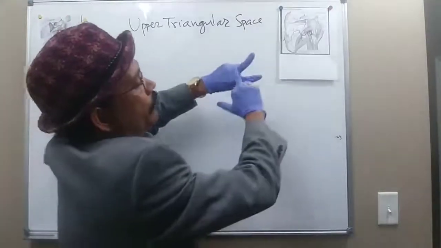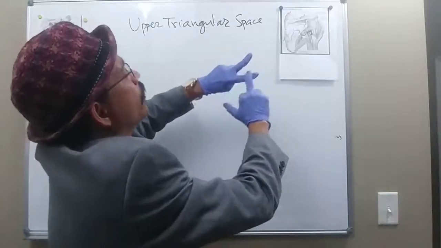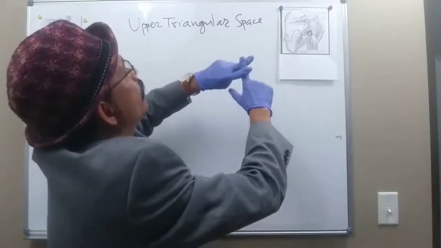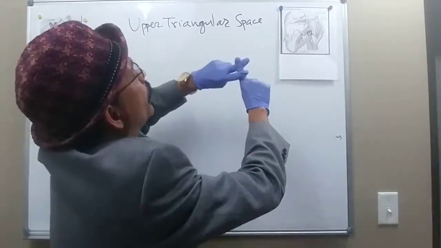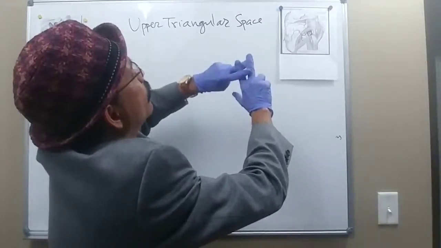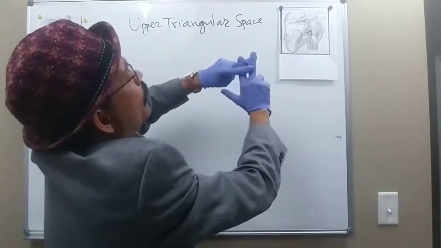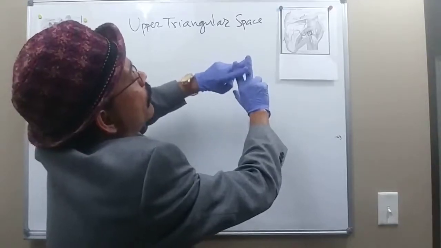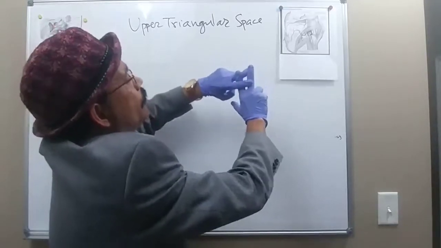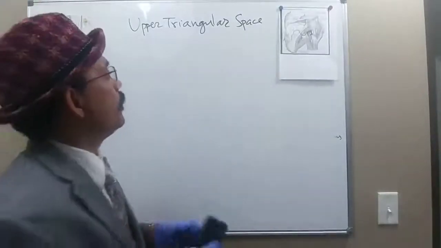This is the teres minor, teres major, and this is the long head of Triceps Brachii. This is the surgical neck of the humerus. This is the upper triangular space, this is the lower triangular space, and this is the quadrangular space. Okay, so we got the upper triangular space.